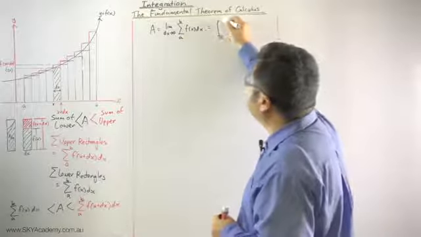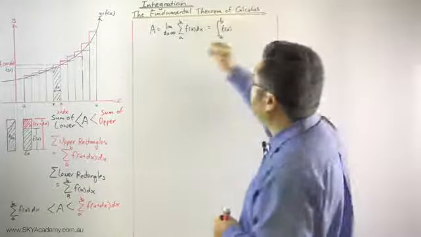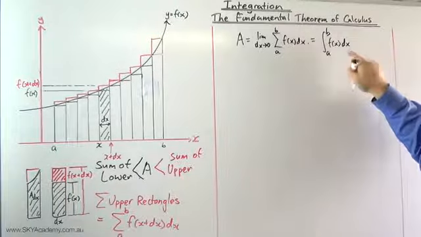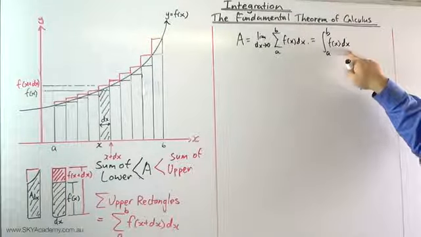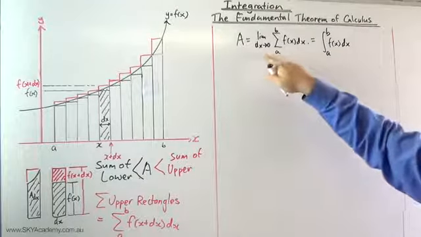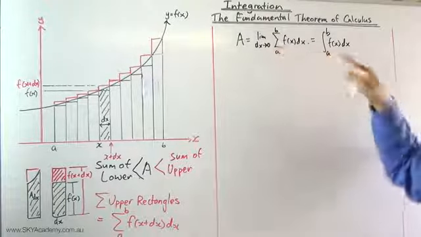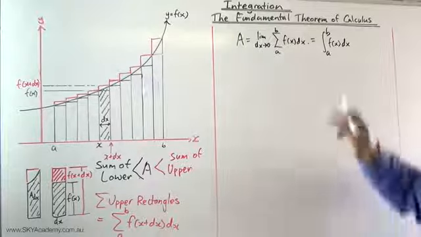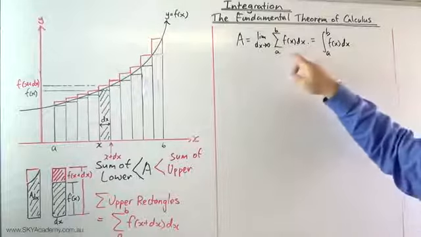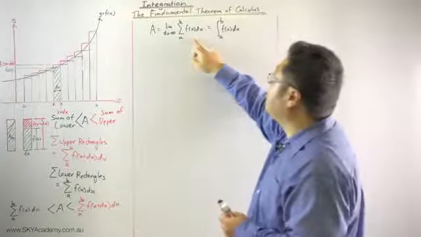It goes from A to B of f of x, which is the function of the curve, times dx, which is the increment, the width of the little tiny strips. And we don't need the limit as dx approaches 0 because that is already implied by the integral sign. Does that make sense? So this is the integral notation way of describing exactly what's going on here. Got it? Cool. All right.